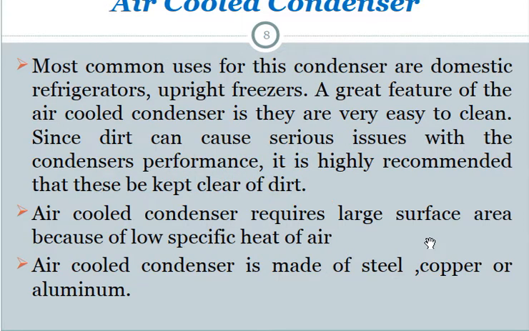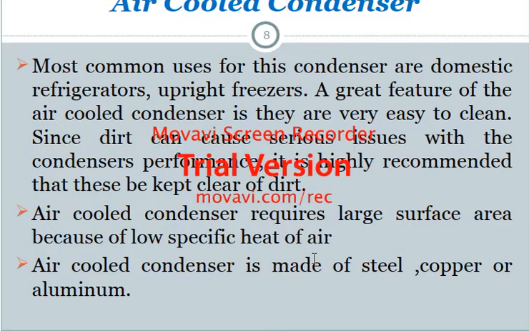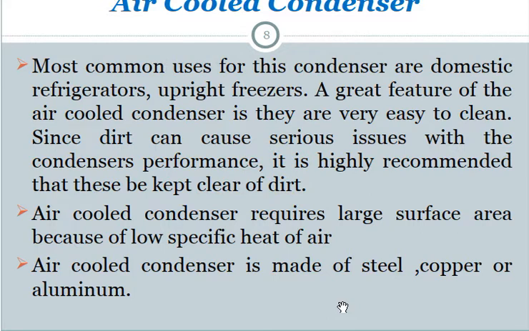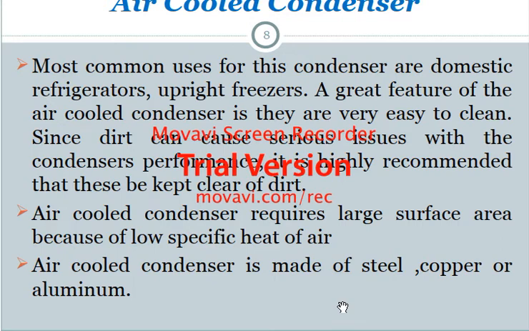So we need more space, and outside. An air-cooled condenser is made of steel, copper or aluminum. Actually this depends on the heat transfer of the material, which supplies heat to the body itself.